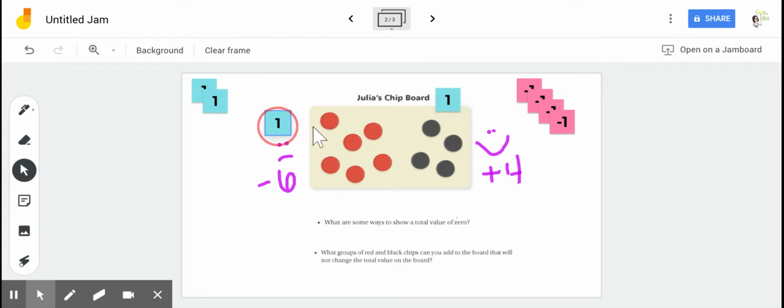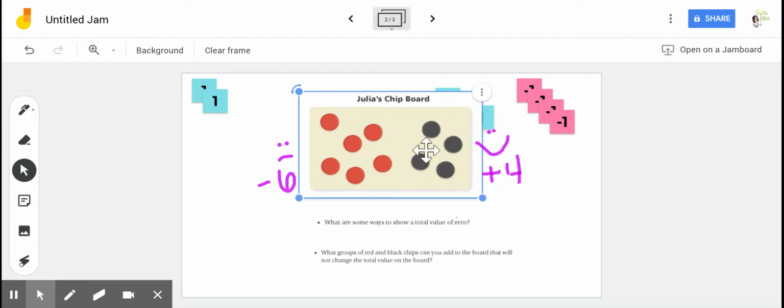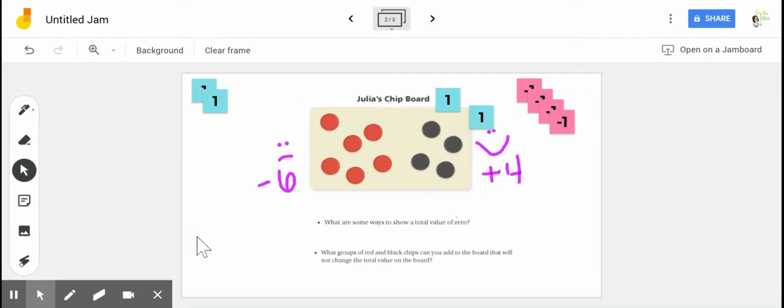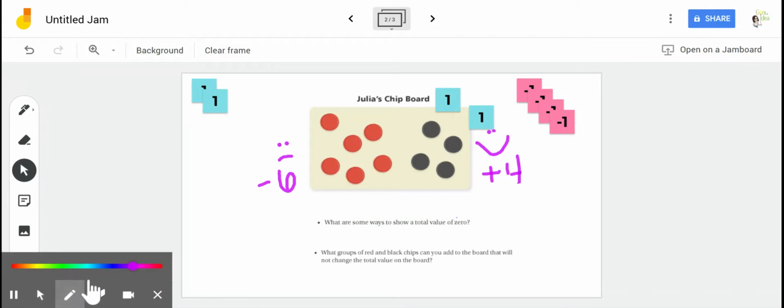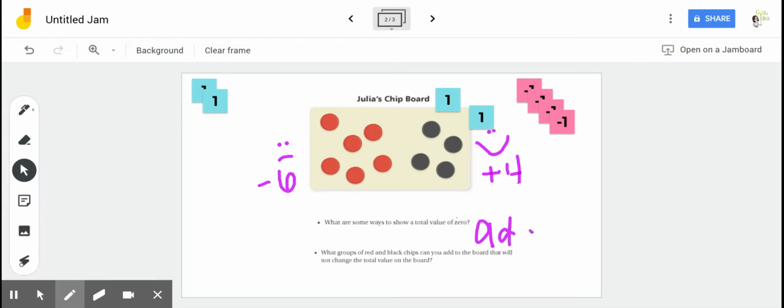So now I have a total of 1, 2, 3, 4, 5, 6. So I've got 6 positives, and then I have -6. And one way to show a total of 0 is by adding, right? I can add 2 positives, right? I'm just going to shorthand it there.